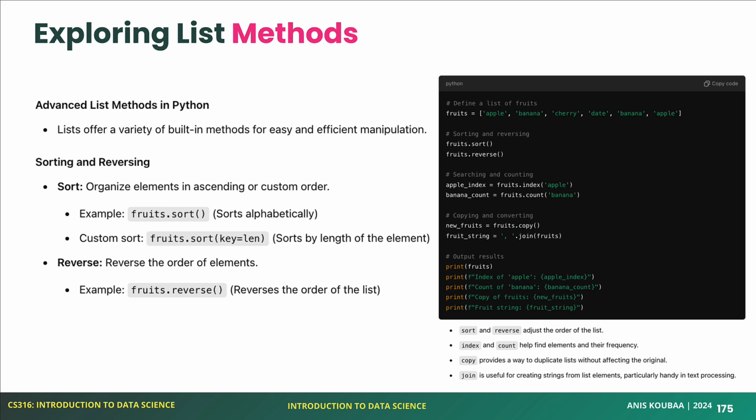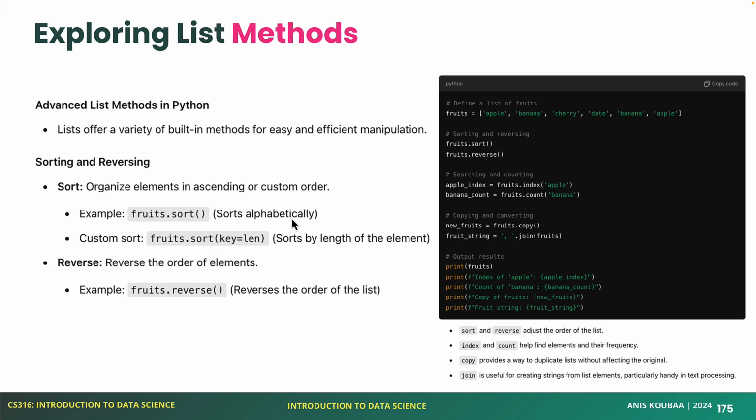There are other methods also that you can explore. For example, you can sort elements if the elements are already comparable. For example, fruit.sort is going to sort using alphabetical order. Or custom sort, so you can specify what is the criteria of sorting.